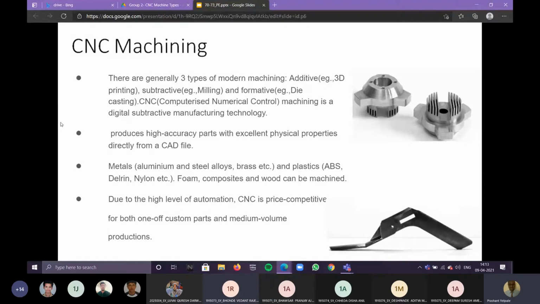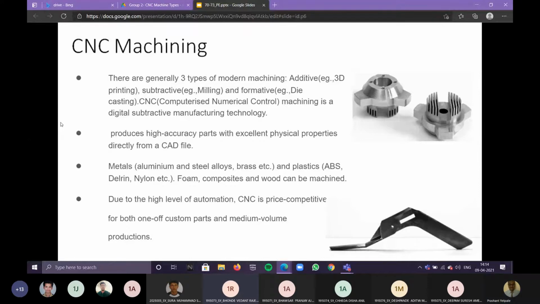So CNC machining is a digital subtractive machining technology. In this, parts are created by removing material from a solid block using a variety of cutting tools. It produces high accuracy parts with excellent physical properties directly from a CAD file. It has a very high level of automation. Almost every material can be CNC machined.